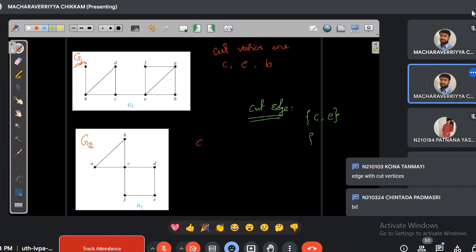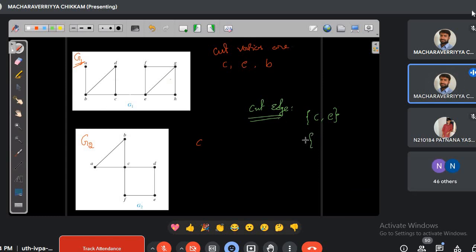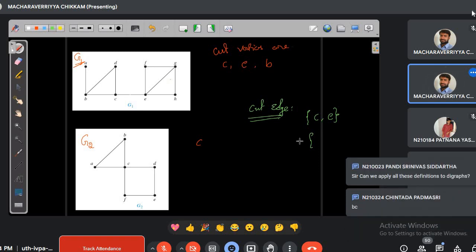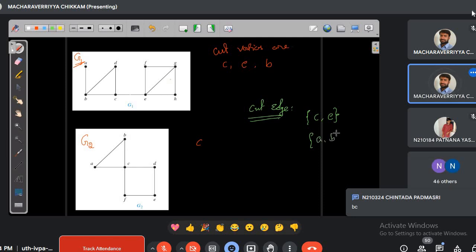Remember one thing. Okay, fine, let me write it. So that is AB. So this is one more cut edge. See, when you cut the edge, you're just removing the edge. You're not removing the vertex. Remember that.